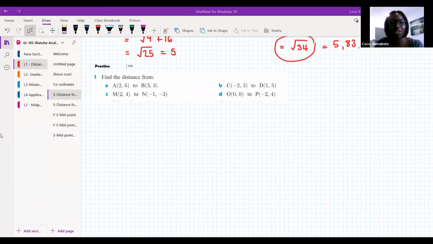Guys, please remember to stay on mute while we're working. And when you're done, just pop the emoji in the chat for me.